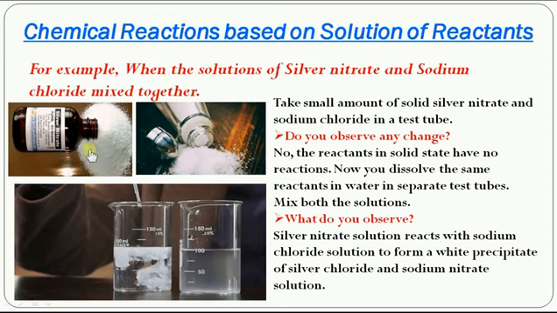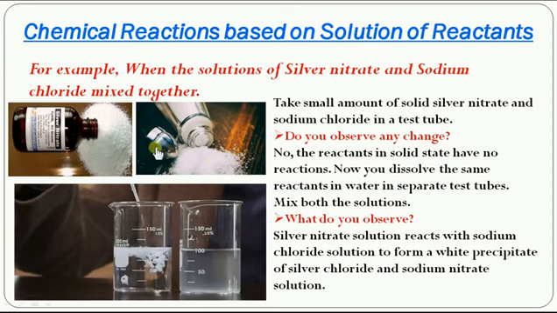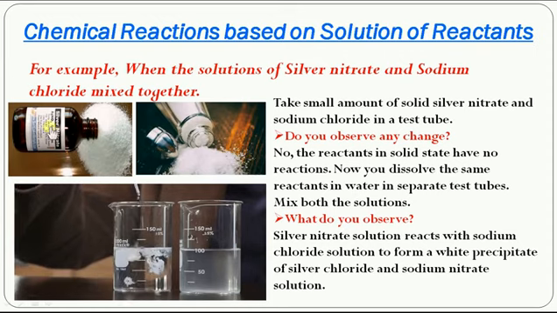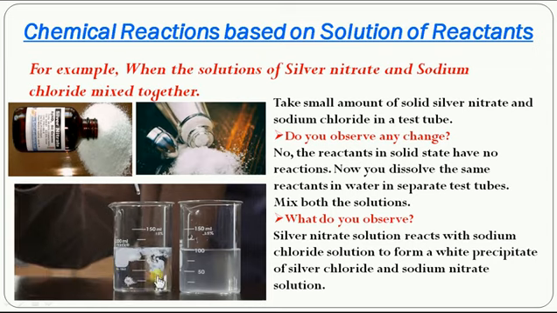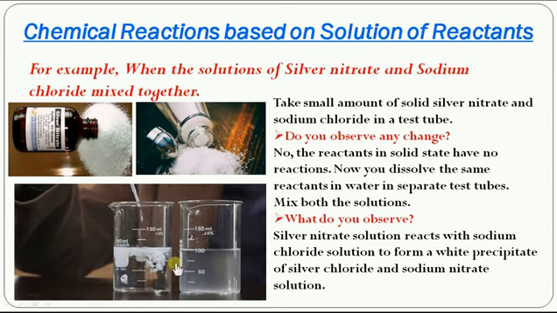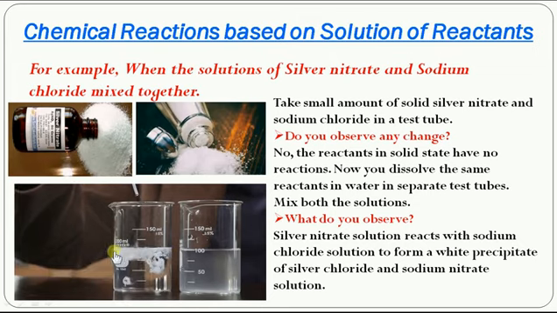When we mix these two solids physically, no reaction will happen. Whereas when you take a drop of the silver nitrate solution and pour it into the sodium chloride solution, a white precipitate forms. You can clearly see it here.